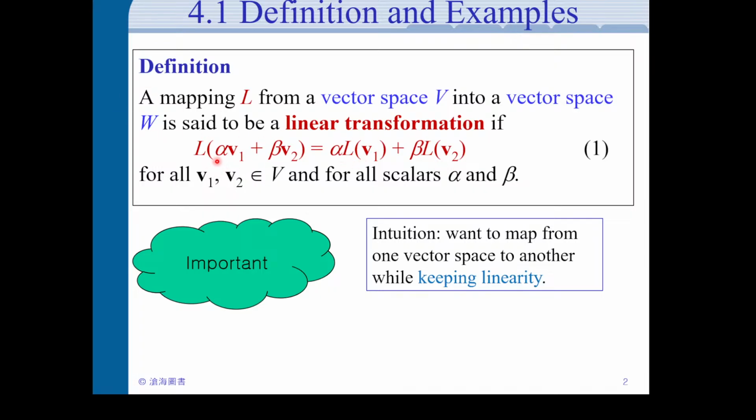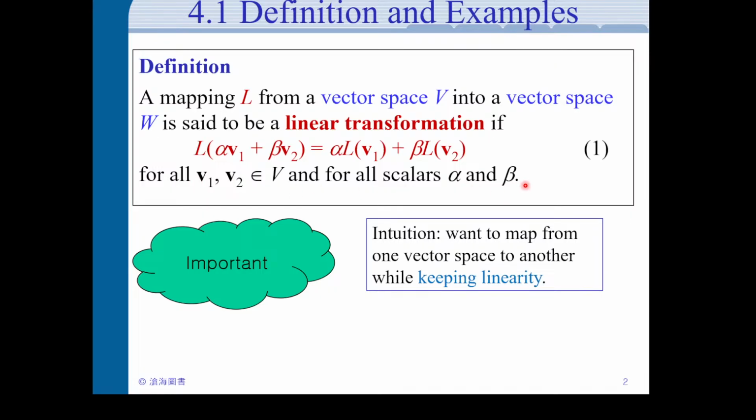So you have alpha V1 plus beta V2, you map them, and it becomes alpha times the mapping of V1, L of V1, plus beta times the mapping of V2, L of V2. And this should be true for every V1, V2, and alpha, beta.